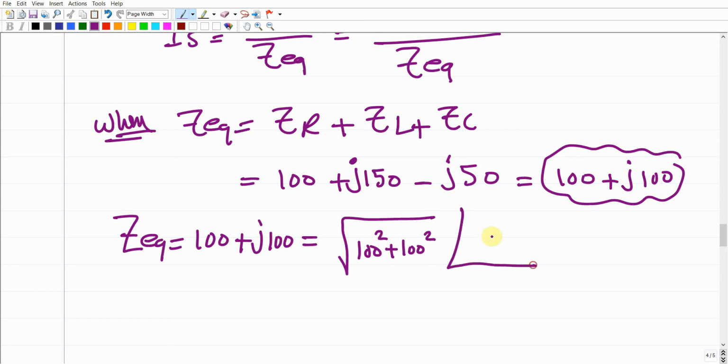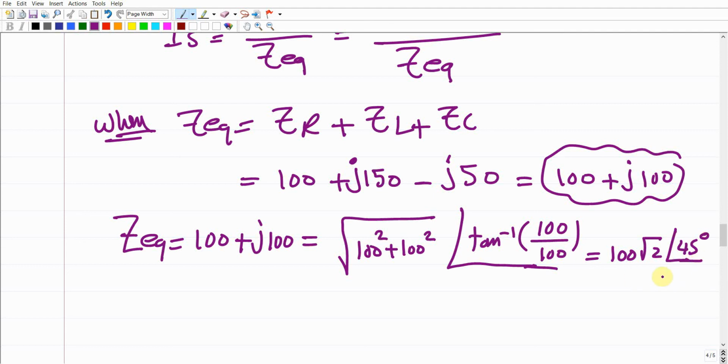And the angle should be the tan inverse of what? Of the imaginary divided over the real, but they are already equal. So the tan inverse of 1 gives 45 degrees, and this is going to give us 100 square root of 2, and the angle is going to be 45 degrees. So this is the Phasor form of this Z equivalent.